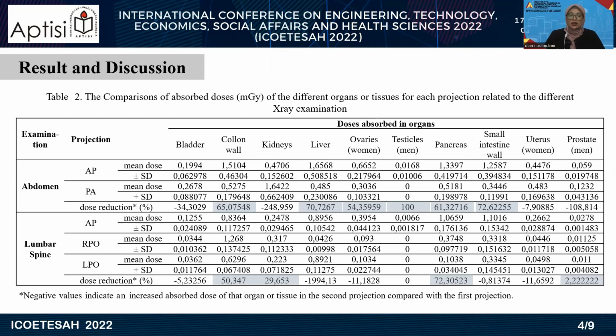A comparison of projections on lumbar spine examination also shows that the AP projection produced a higher absorbed dose than the oblique projection.